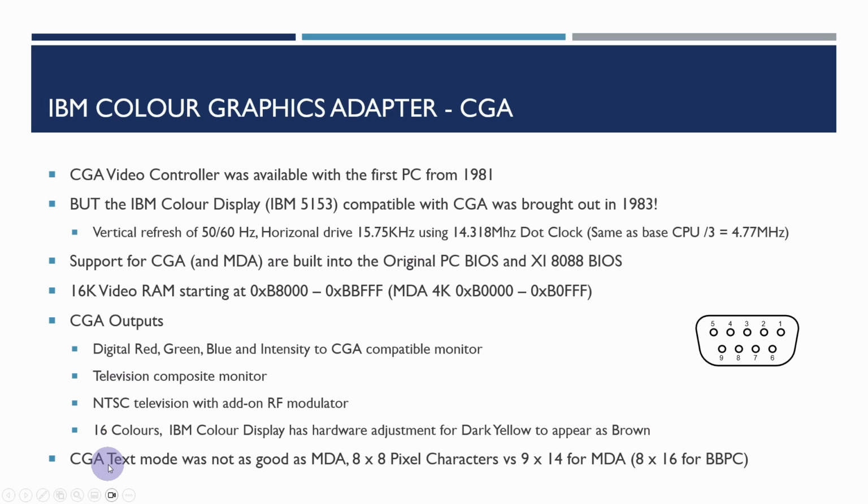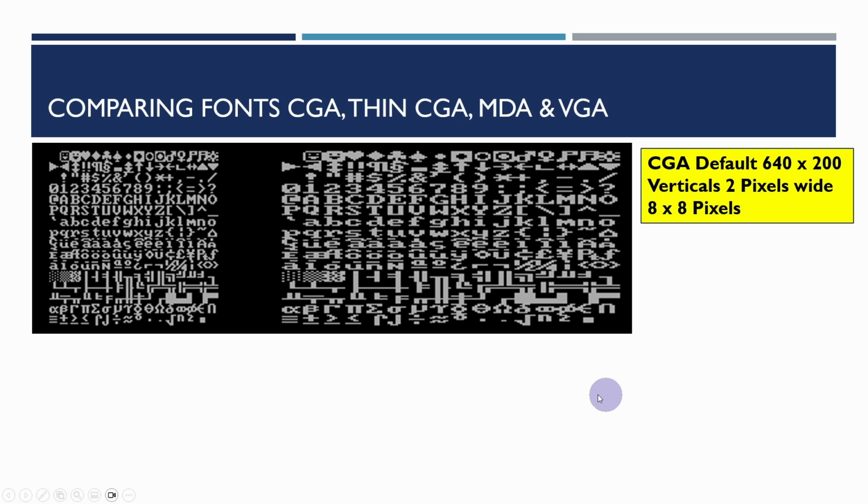Now the CGA text mode was not really as good as the MDA or later VGA. It was only based on 8x8 pixel characters, whereas MDA originally was 9x14, and in fact in the Breadboard PC we've used 8 bits wide by 16 lines. So let's have a look at what these look like. This is the default CGA font.